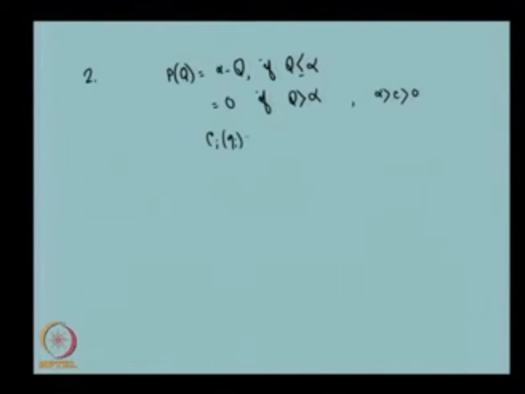If we remember, the linear demand function, or rather the inverse demand function, was given by this. And we know alpha is greater than c, c is greater than 0, where c_i(q_i) is small c, the cost function.